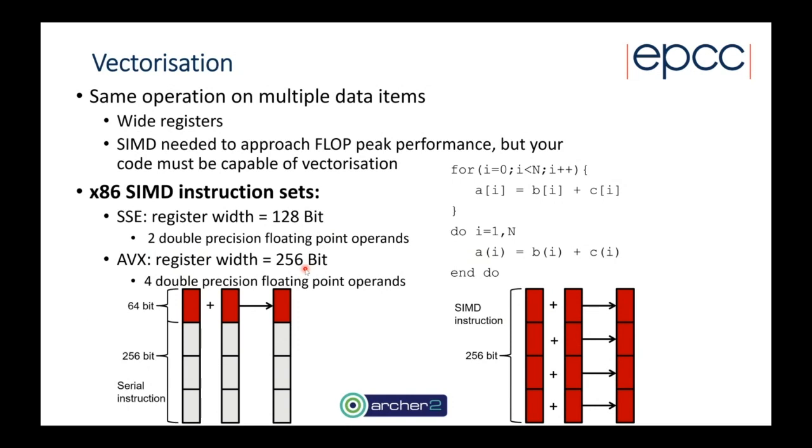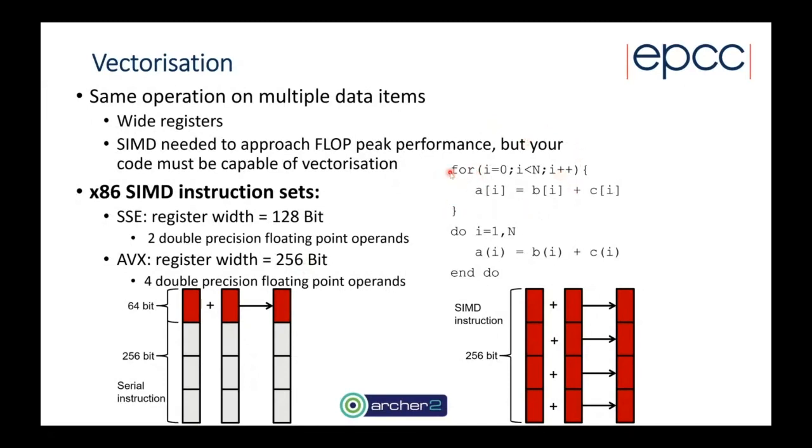And in general, a lot of our scientific applications work with double precision numbers, which generally are 64 bits. So that means you can store 4 double precision numbers in a vector register. And if your code is amenable, then your application can do 4 operations every clock cycle.